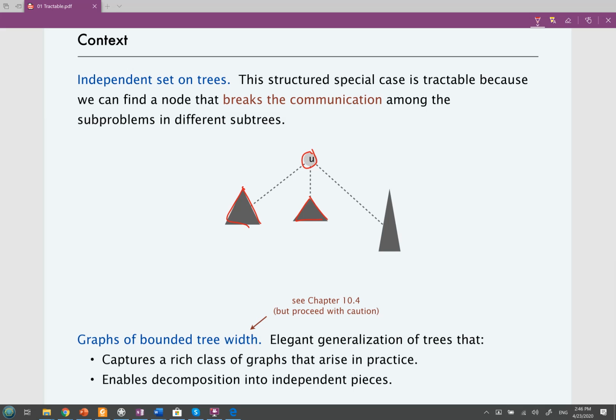As long as you're working with a tree, the problem often decomposes into a bunch of independent subproblems which you can solve independently, and then you can combine these solutions in some sort of dynamic program to solve the overall problem. So this technique applies to more than just trees, and it applies to more than just the independent set problem.